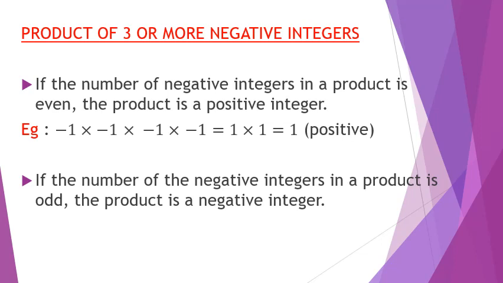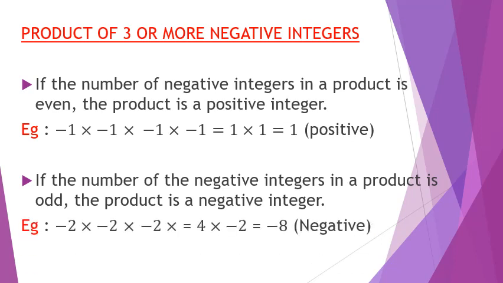Similarly, if the number of negative integers in a product is odd, then the product is a negative integer. That means if we multiply any three negative integers, the result is a negative number. For example, minus 2 into minus 2 into minus 2 gives minus 8. That means the product is negative.